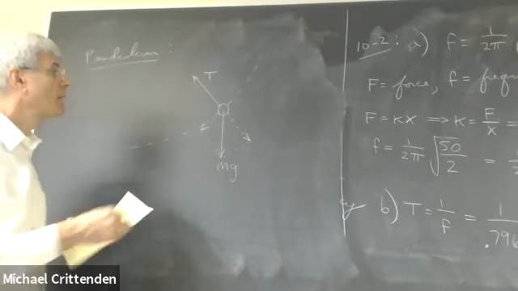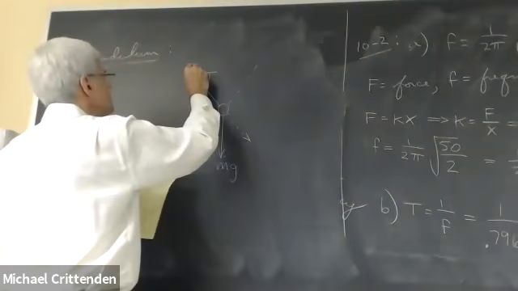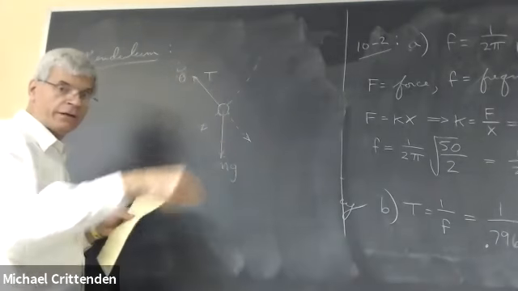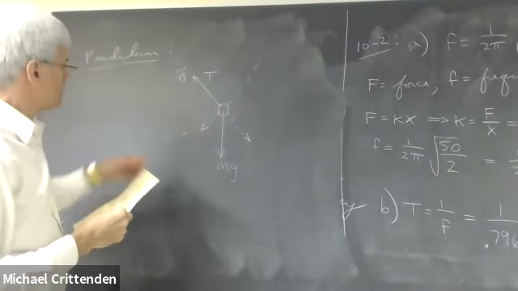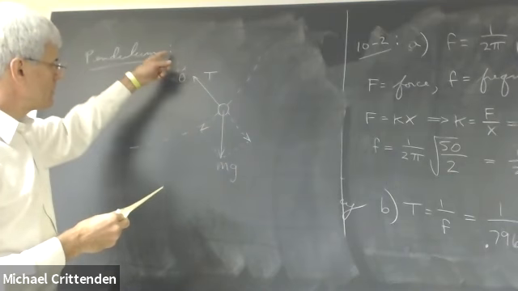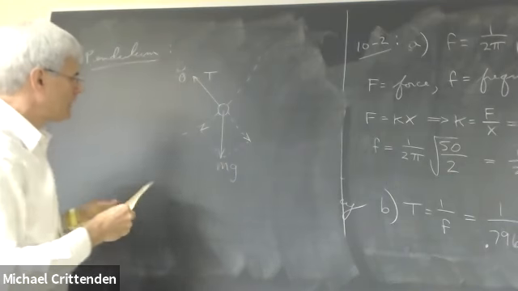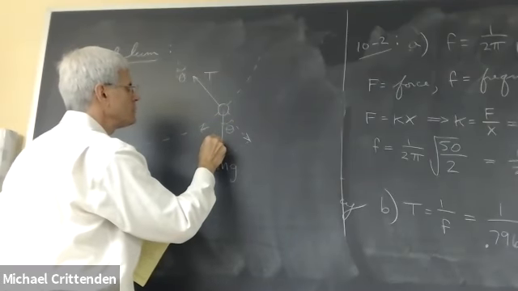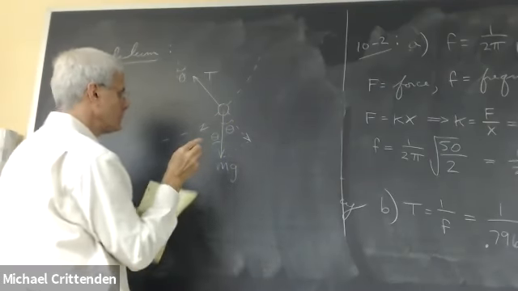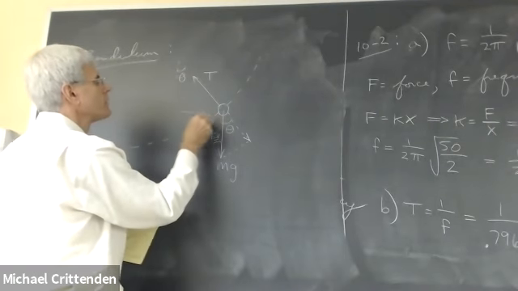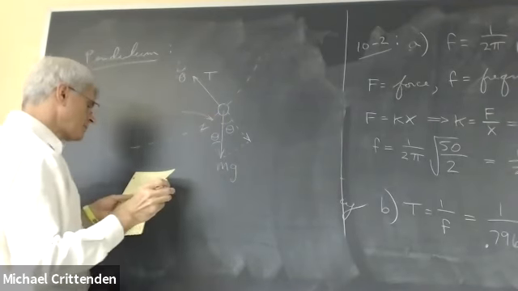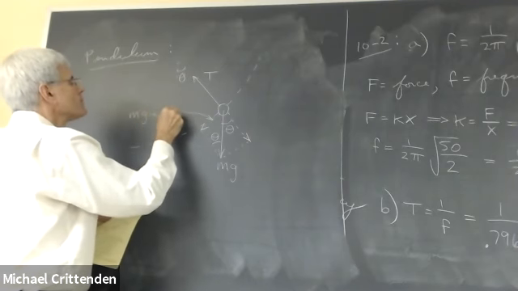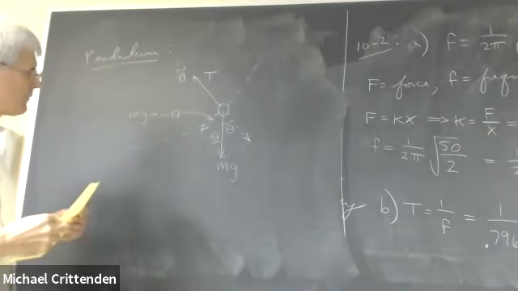On the original picture on the paper over there, theta was the angle between the string and a vertical line. That would be the same as this angle here, which would be the same as this angle here. So this tangential component is mg sine of theta.